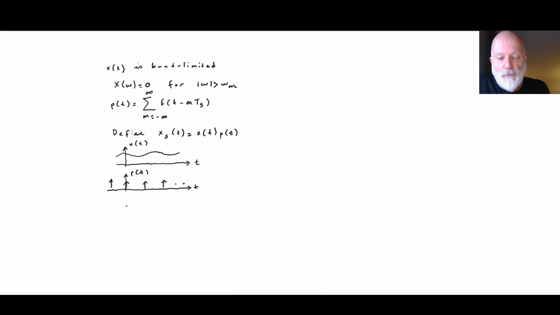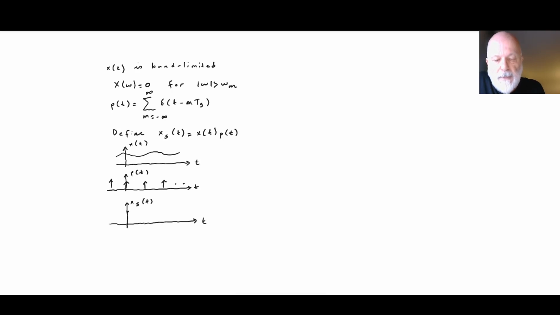So if we plot xs of t as a function of t, we have sampling by impulses.